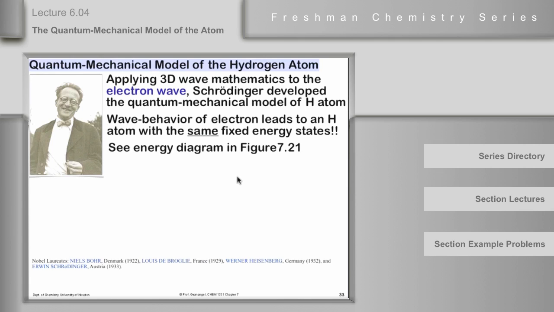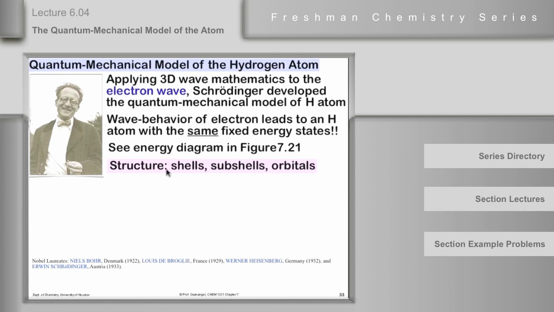The energy diagram is the same one I showed you before. But in addition to Bohr's orbital energies, if you will, which Schrödinger called shells, there were other structural aspects of the hydrogen atom that Bohr didn't think about, had no way to get to.